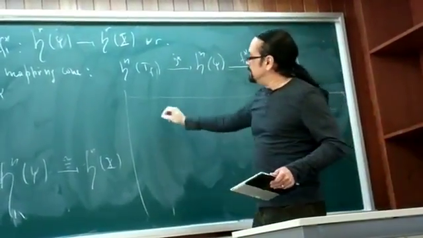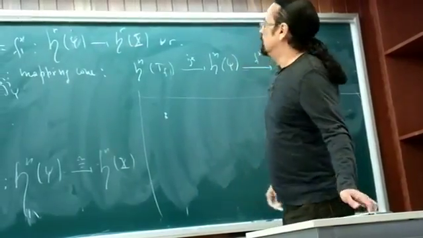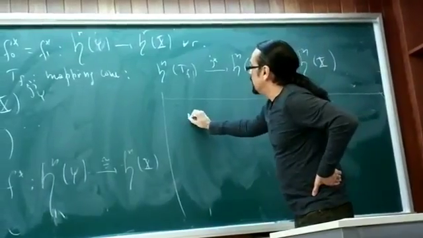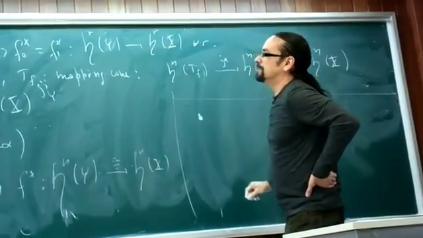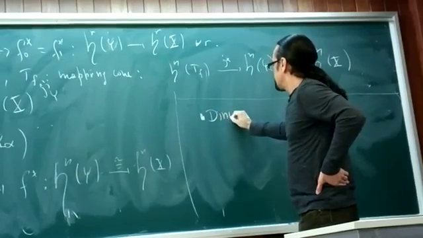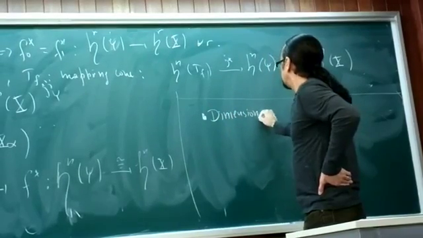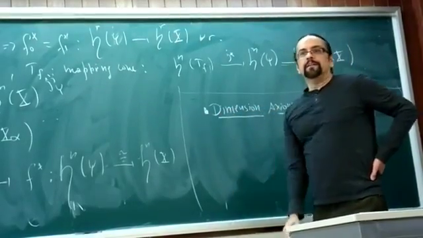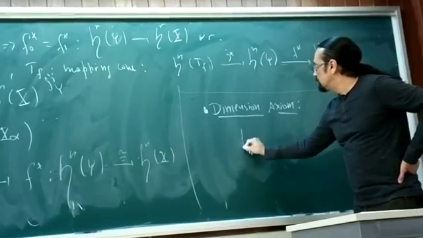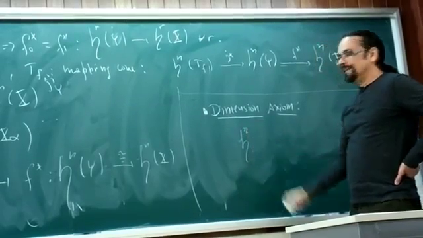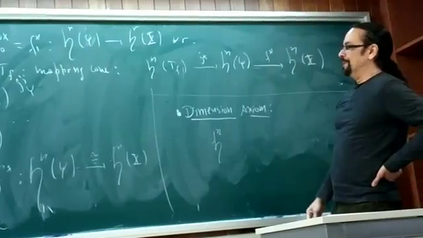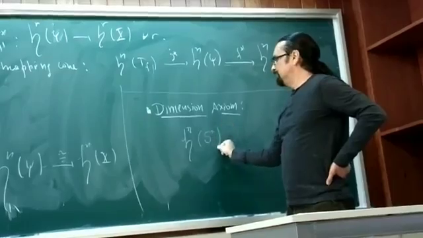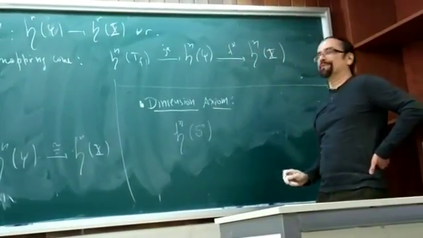So how do you retrieve what we started with in the previous segment? If I add the dimension axiom, which is an extra axiom, and if I want to be really picky, I want to put S0 instead of a point because these are reduced theories.